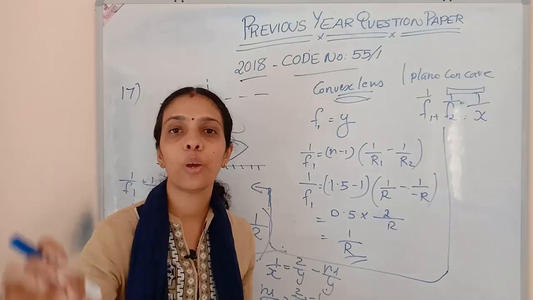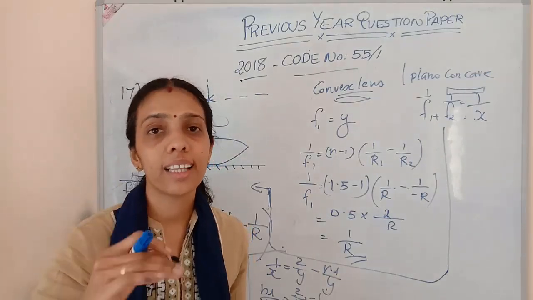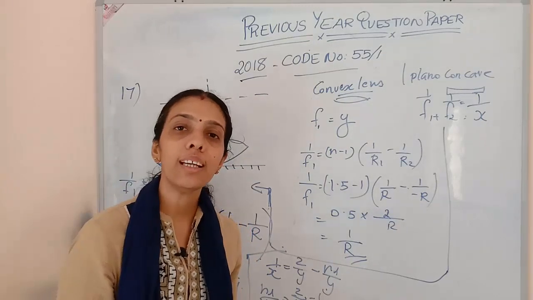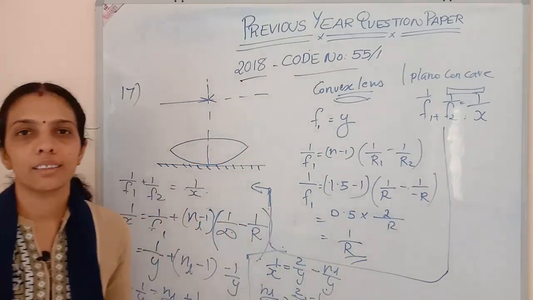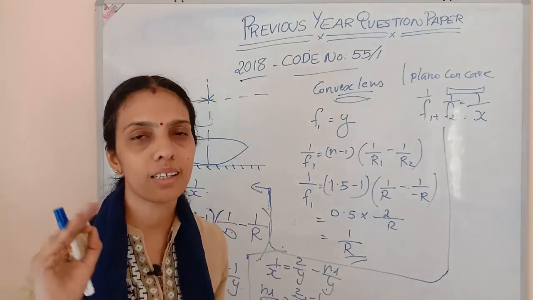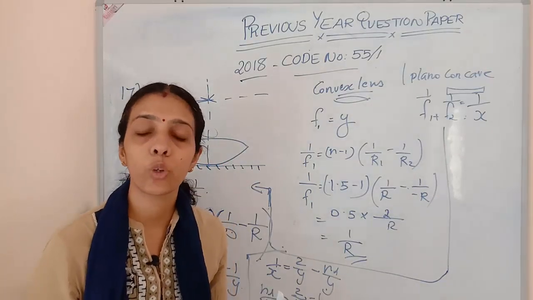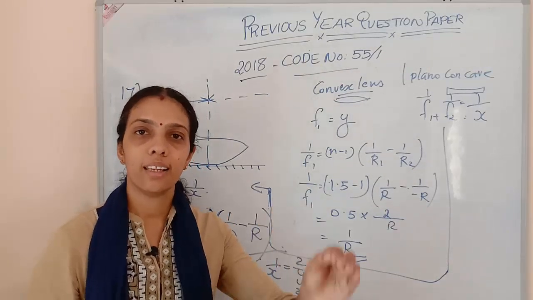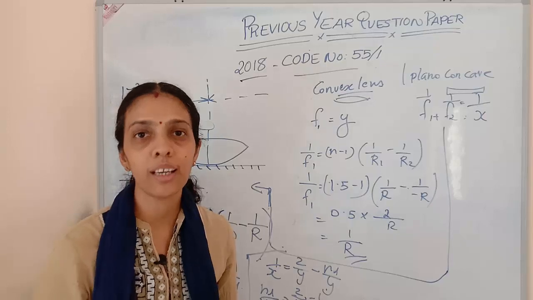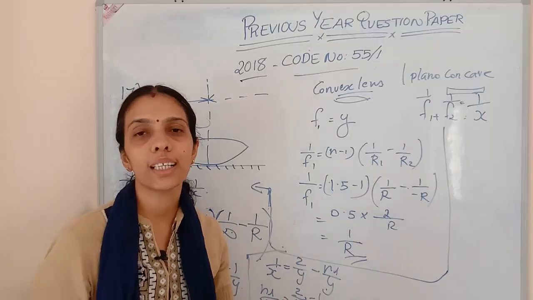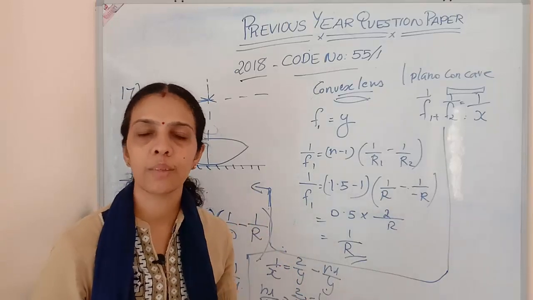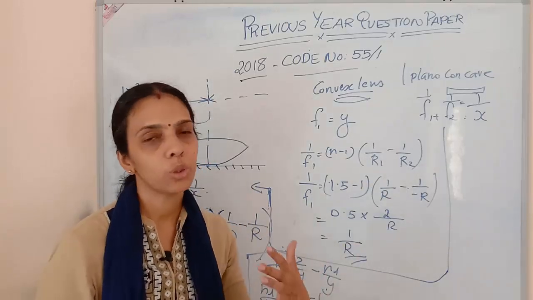In that integral multiple of h by 2 pi, the electrons will be existing only in such orbits which have an angular momentum n into h by 2 pi. Okay, so that one we are proving with the help of de Broglie's hypothesis. So that proof also you should learn.